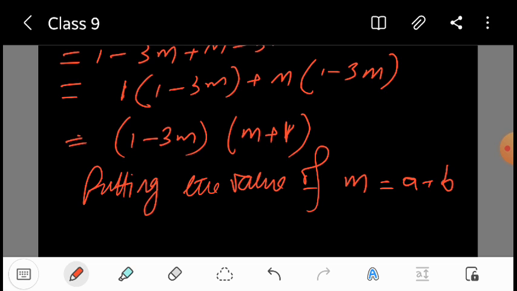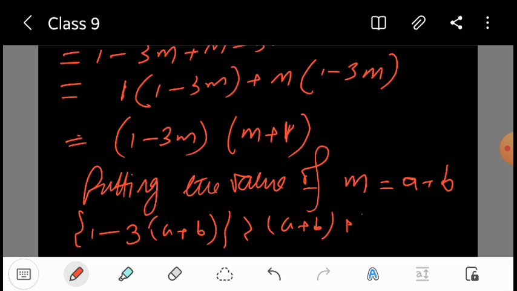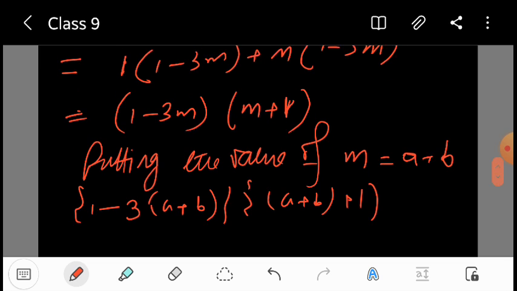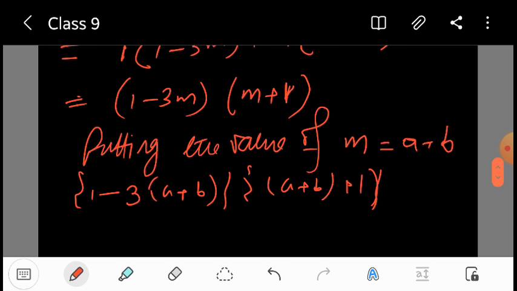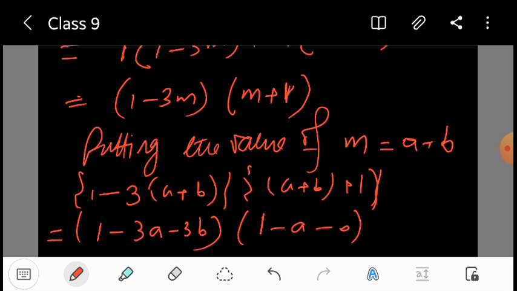So that we'll get 1 minus 3 into a plus b, and this one will get a plus b plus 1. So finally we'll get 1 minus 3a minus 3b, and this side will get 1 minus a minus b.